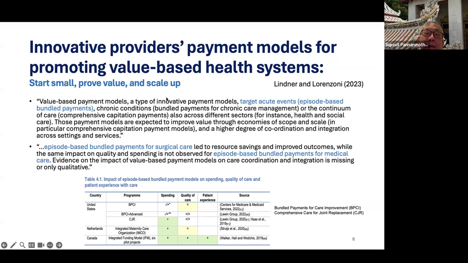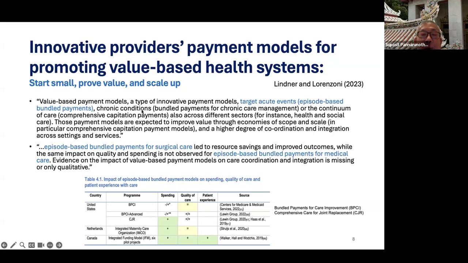But from the experience of OECD countries, after looking at the literature, the evidence that is published, the value-based model requires a lot of information on the payment, information on service delivery, and maybe link with the information from the health workforce.